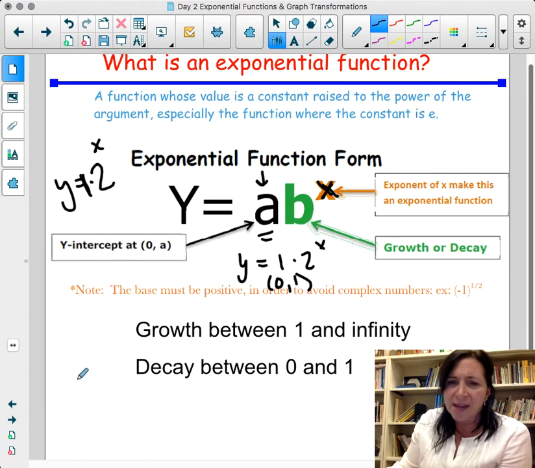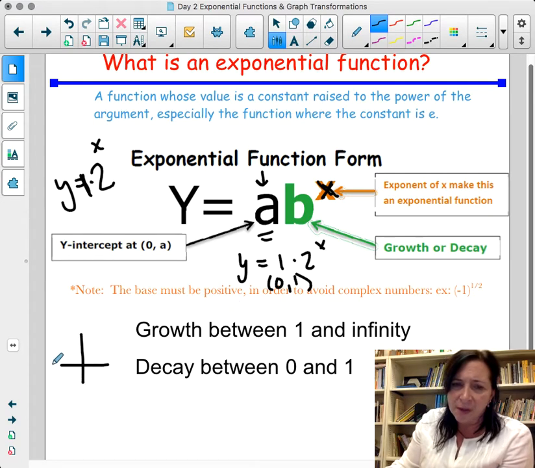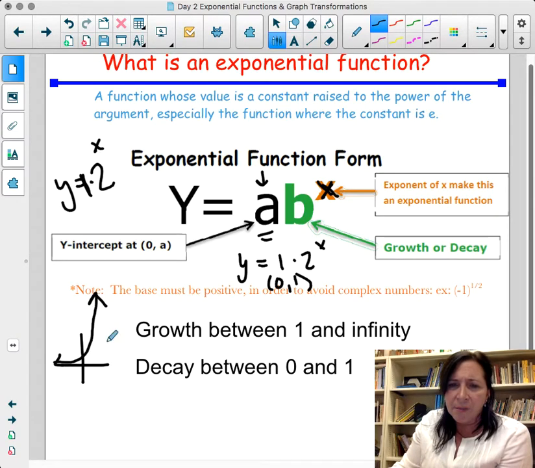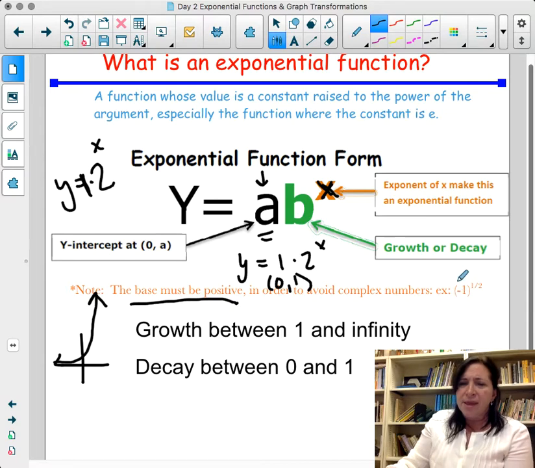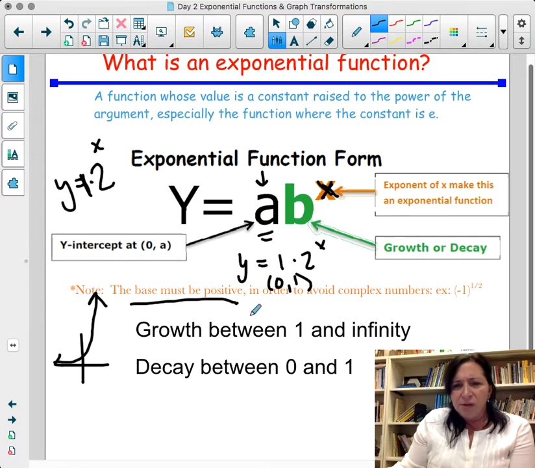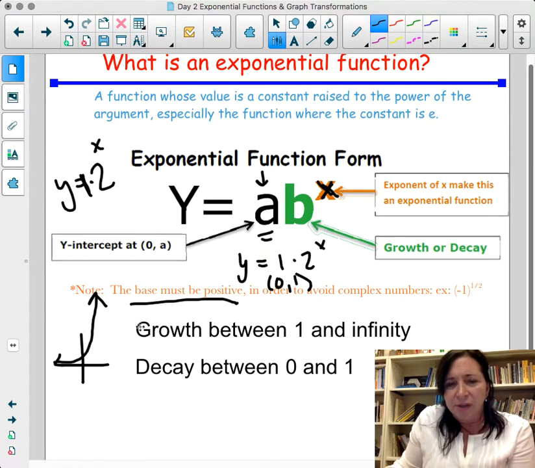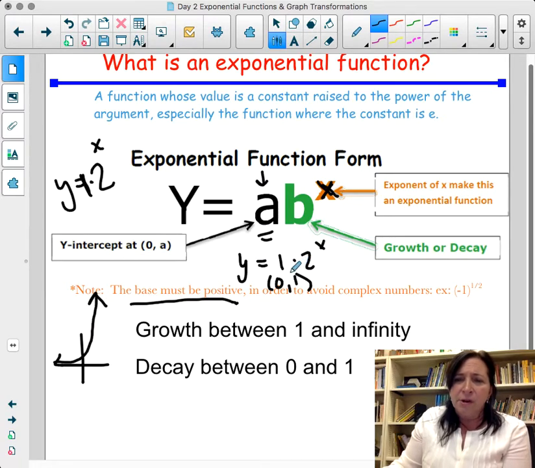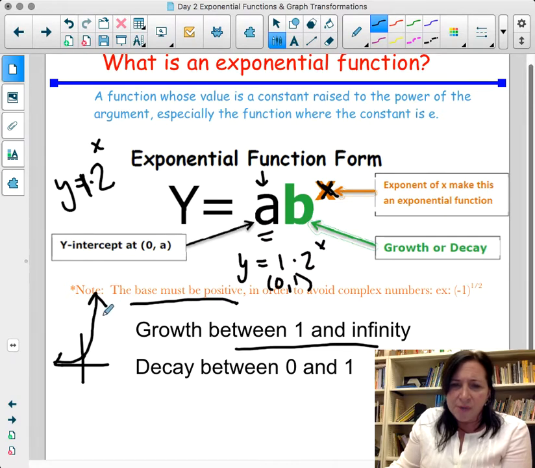When you think of an exponential function, I'm hoping that you're thinking that it does increase rapidly. A couple of things. The base must be positive. You can't have a negative base, or it would be imaginary numbers. So this base, the base being b, always is going to be a positive value. This is always going to be a growth, and the growth is going to be between 1 and infinity, meaning you're always going to have a value that goes from 1 up.